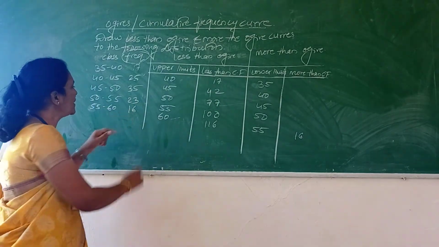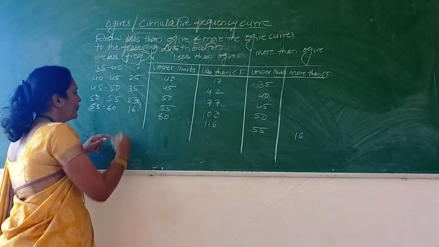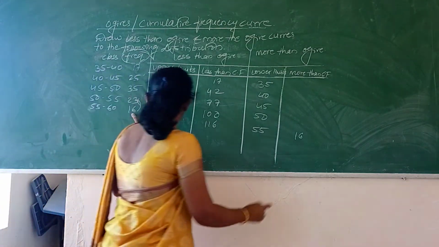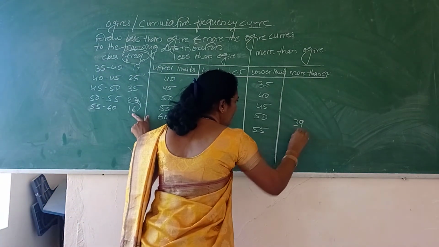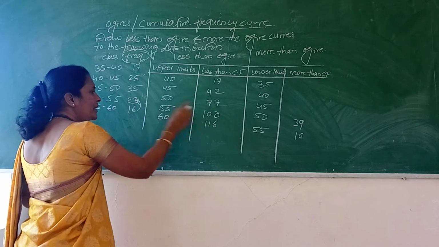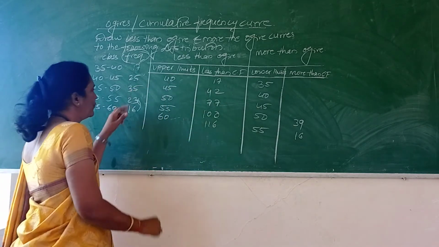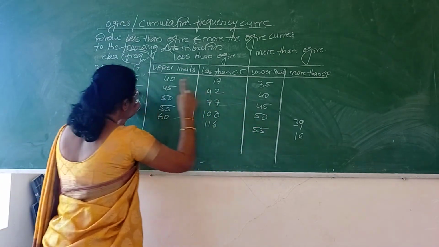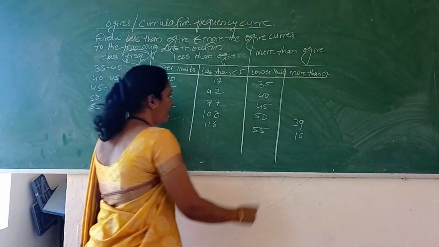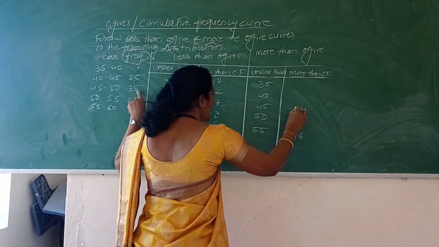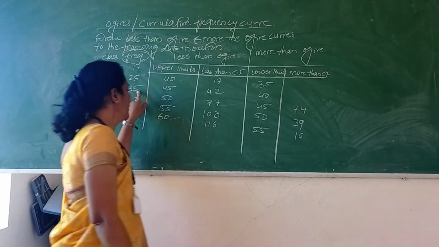Then 16 plus 23, that is 39. Then 39 plus 35 is 74.